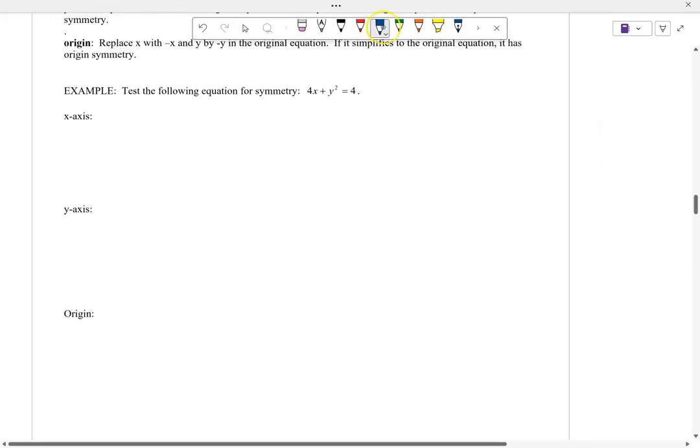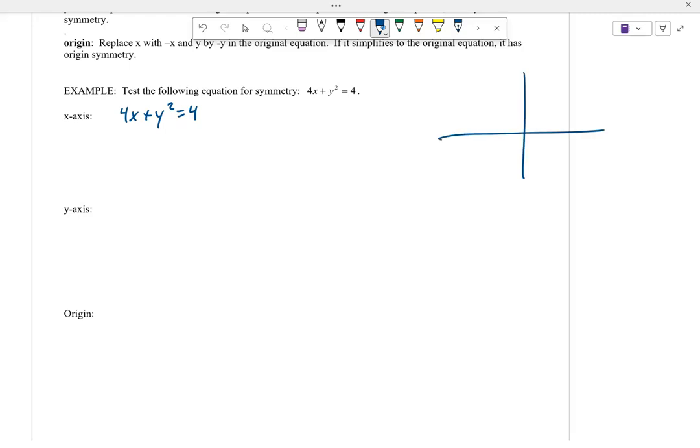4x plus y squared equals 4. So notice we don't have this graph. We're going to pretend we don't know what this thing looks like. Is it symmetric with respect to the x-axis? I'm going to replace y with negative y and see if I get the same thing. That's how I'm going to test this.